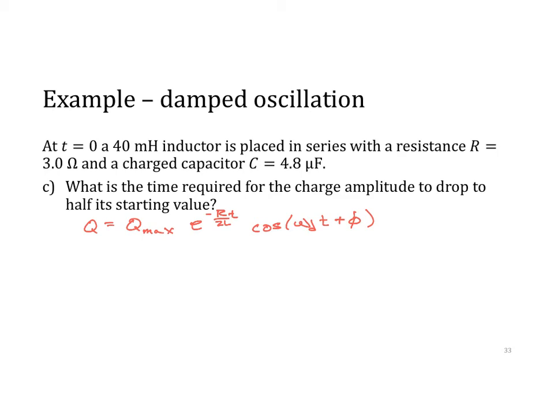And because our capacitor's charged up when we start, that equals 0. So we've got cosine of something with a t, and we've got this exponential function.